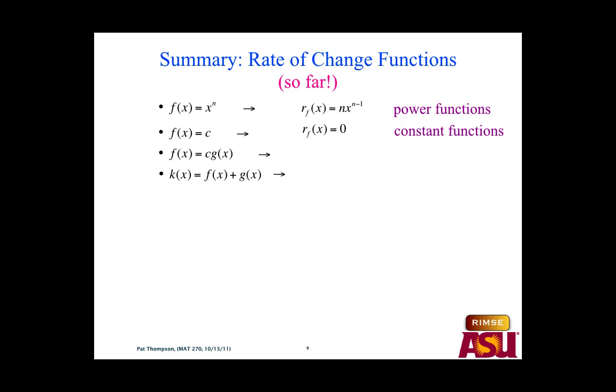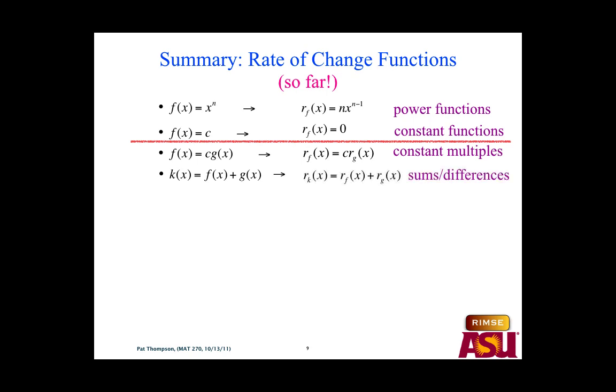Throw a constant multiple onto something you knew before, just multiply that same constant onto the rate of change function. Or if you have a sum or a difference, which would be a combination of a sum with a negative constant multiple, then you just add together the separate terms.